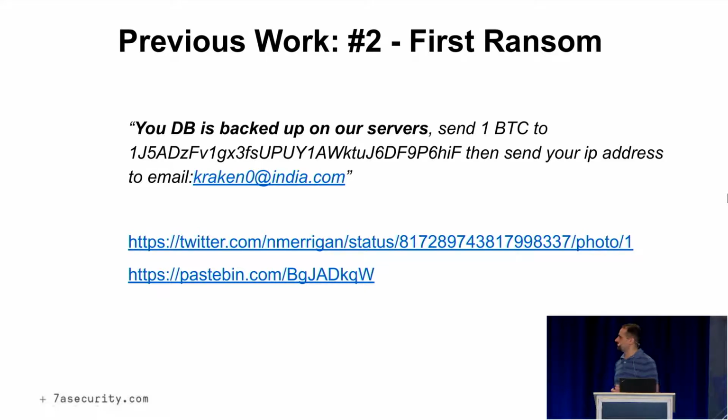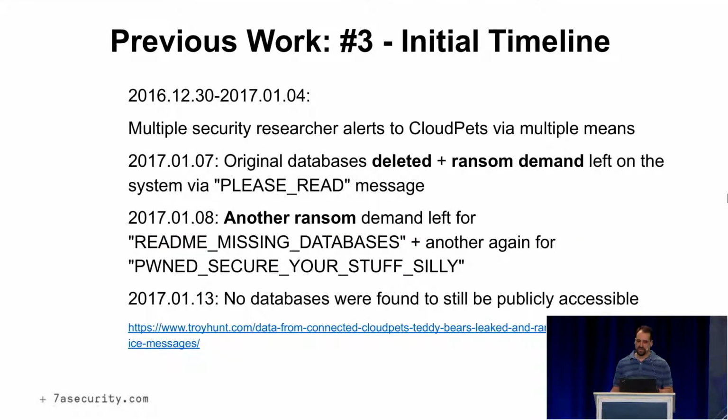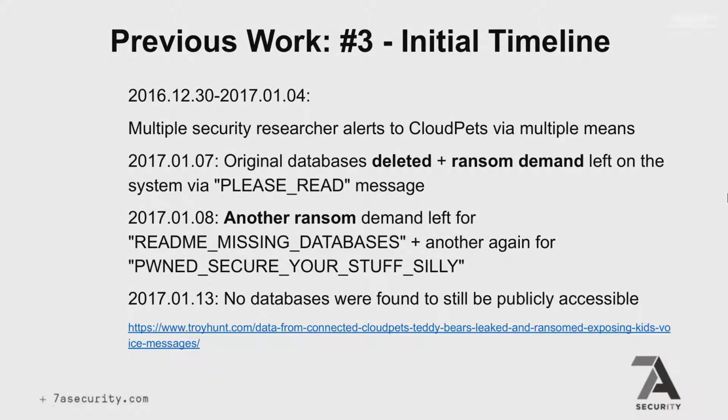So yeah, they got the first ransom, and some security researcher was tweeting about this. And this was the initial timeline, right? Actually, before they got hacked, there was a security researcher who found this and was trying to contact them through Whois records, every email address he could find.